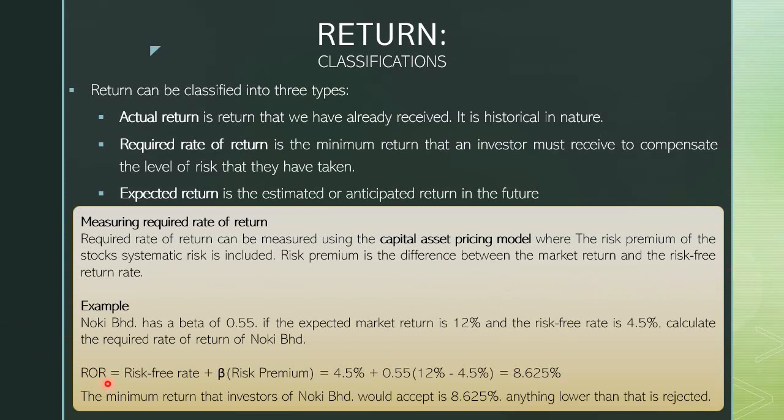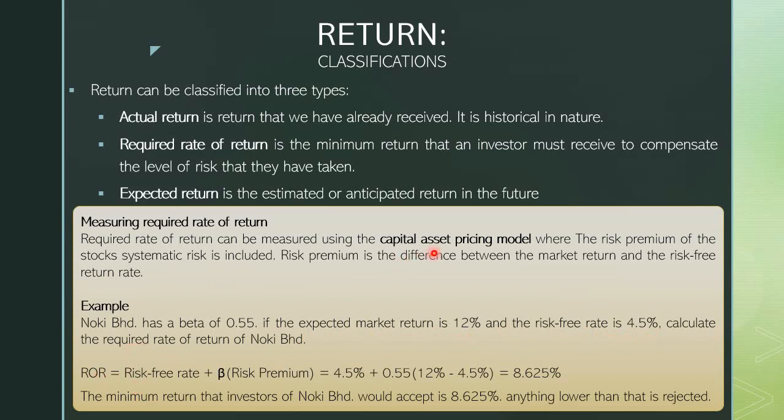For example, Noki Berhad has a beta of 0.55. Later on we're going to see what the beta coefficient is and what it does. If the expected market return is 12% and the risk-free rate is 4.5%, calculate the required return of Noki Berhad.